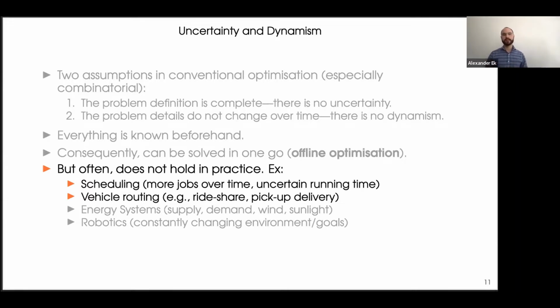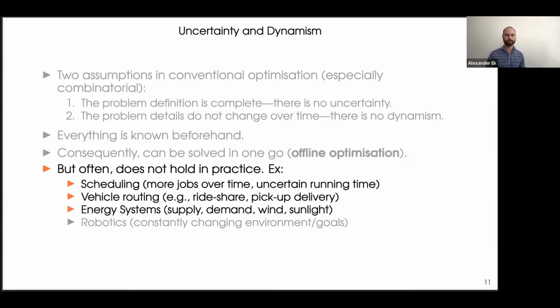So this can complicate things a lot. And of course, where's the dynamism and uncertainty? Drivers can join and leave the fleet at any time. Customers can pop up at any place, and maybe we want to have an optimal route in some fashion here. So there's a lot of disruptions that can happen.